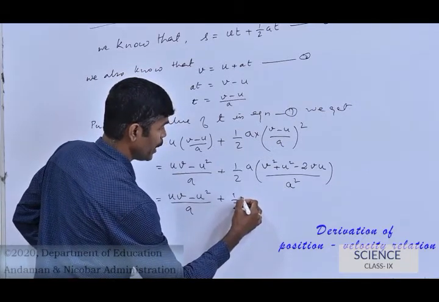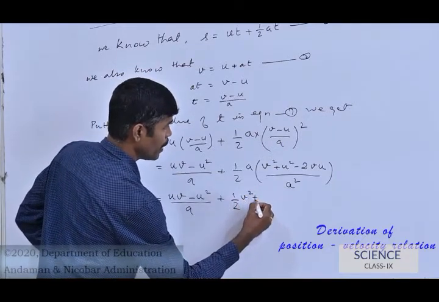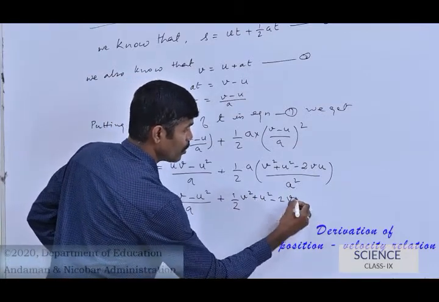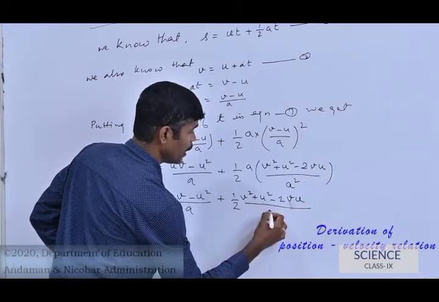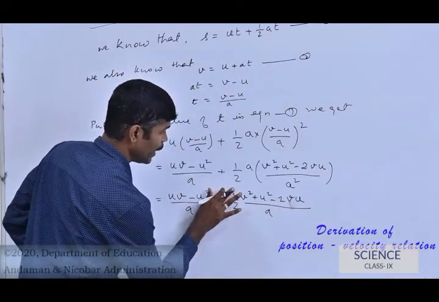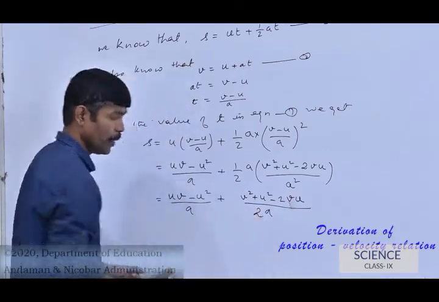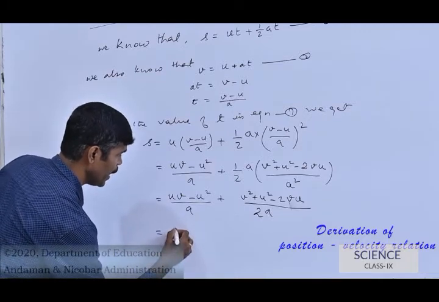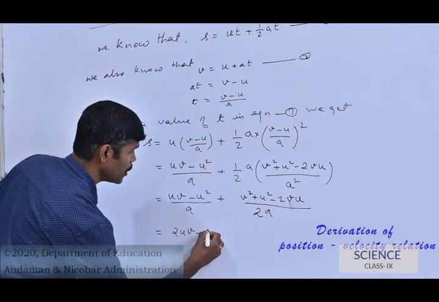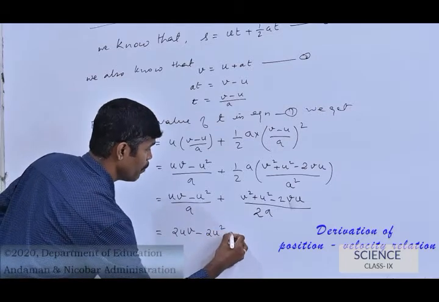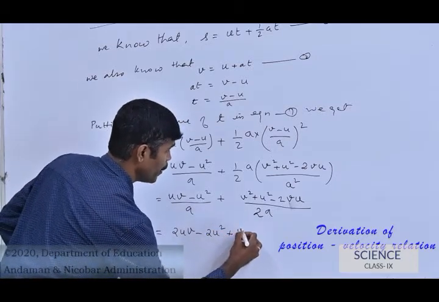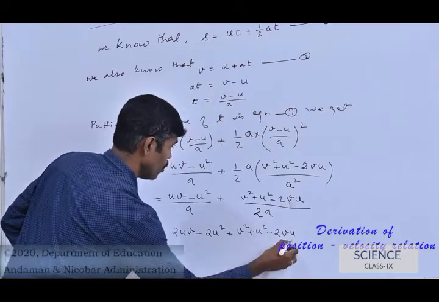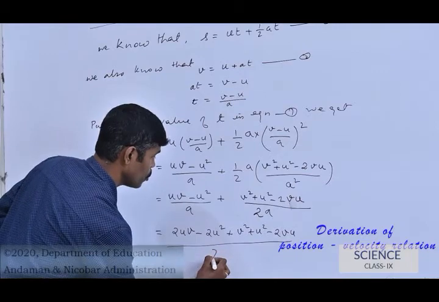So here we can write v square plus u square minus 2vu divided by a. So we can write it as 2a, right? 2a. So further solving this, here we will get 2uv minus 2u square plus v square plus u square minus 2vu divided by 2a.